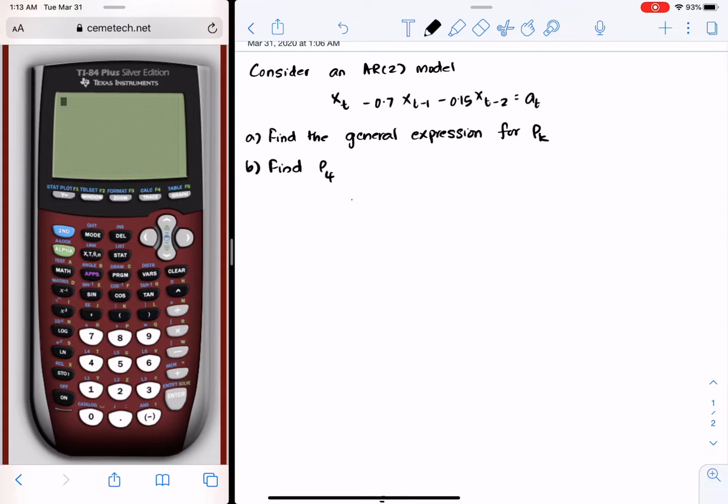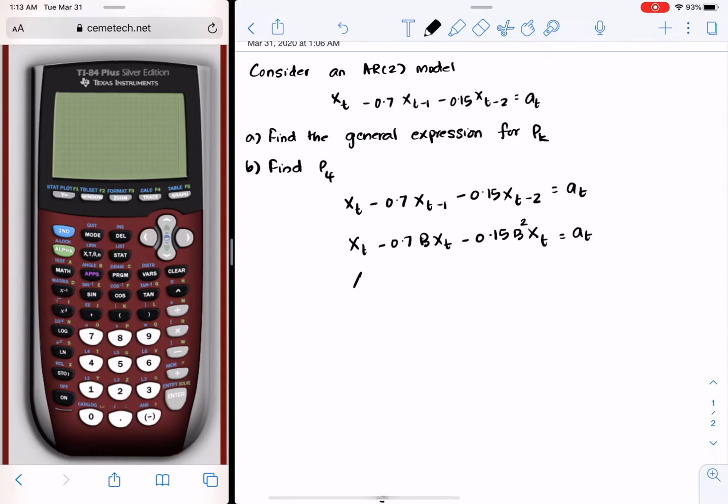So I have x sub t minus 0.7 x sub t minus 1 minus 0.15 x sub t minus 2 equals a sub t, which is x_t minus 0.7 B times x_t minus 0.15 B squared times x_t equals a_t, which would give me 1 minus 0.7B minus 0.15 B squared equals a sub t.